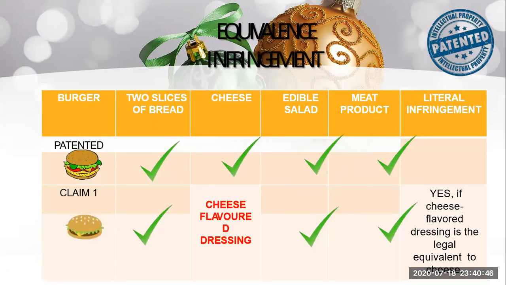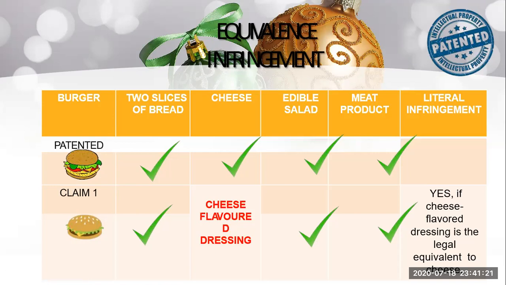So what will be the equivalence infringement? In that case, we think of it as the same burger that is patented. But in case of equivalence infringement, here is a variation in cheese. Okay, this patent infringer didn't use the same cheese as the patented one. Instead, he just used a cheese flavored dressing in place of the cheese.